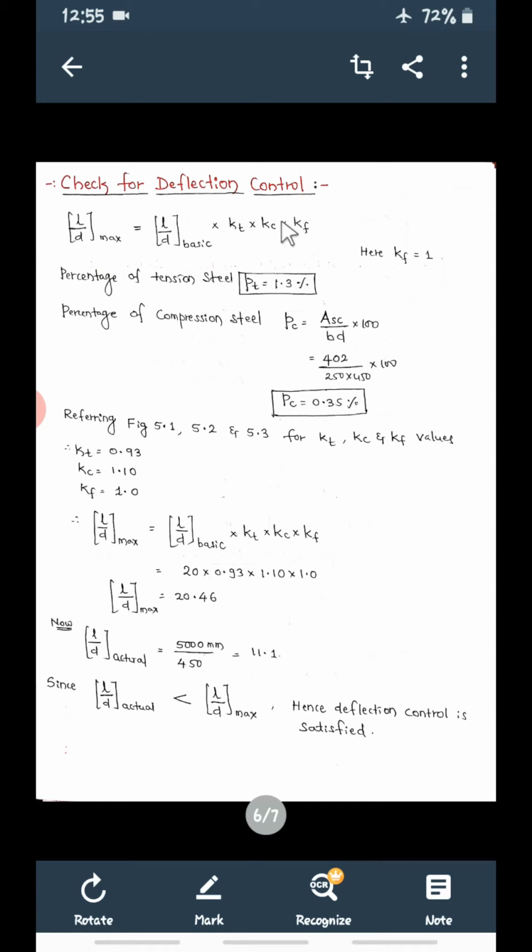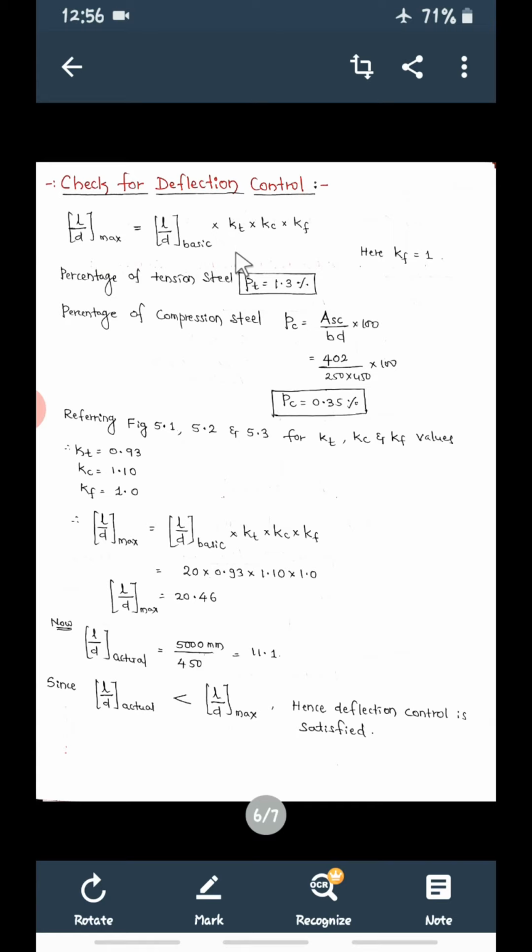In the previous problem, in the singly reinforced beam, we had taken KC also as 1. But here it is not the case. Here we have to calculate the KC. Why? The main steel is also provided at the top. So this KC is related to the main steel at the top, and this KT is related to the main steel at the bottom.